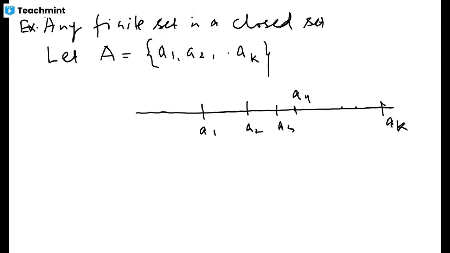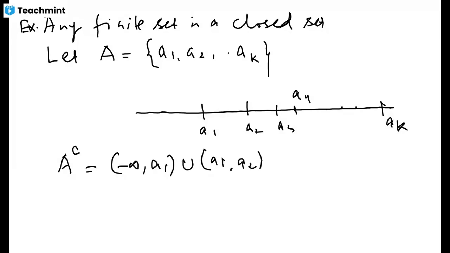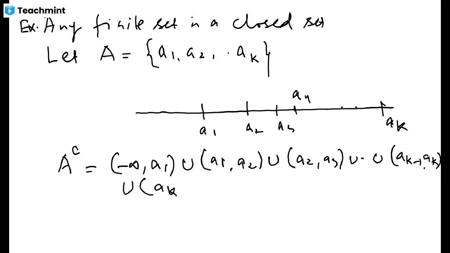So then you see the complement of this A is nothing but minus infinity up to a1, then union open interval. You don't have anything between a1 and a2. Then you have to take the union of a2 and a3, and union up to ak minus 1 up to ak, and beyond ak also you have this set ak to infinity.